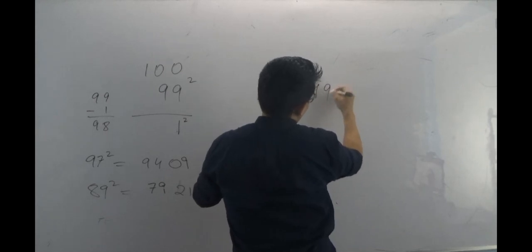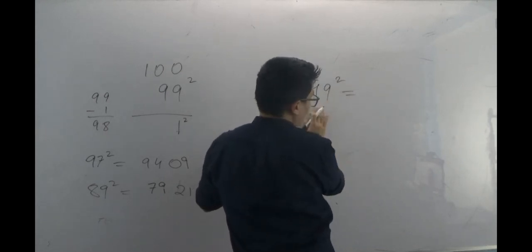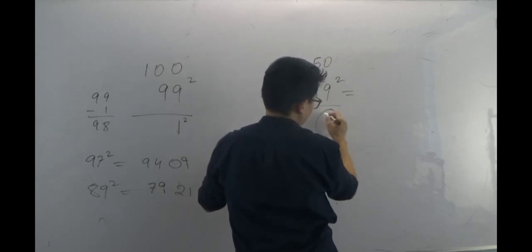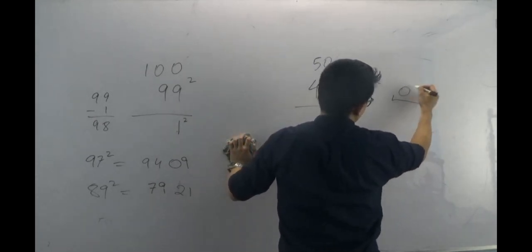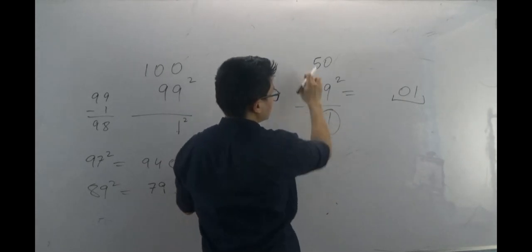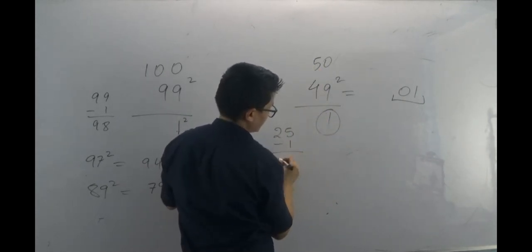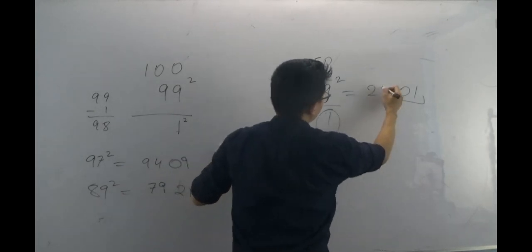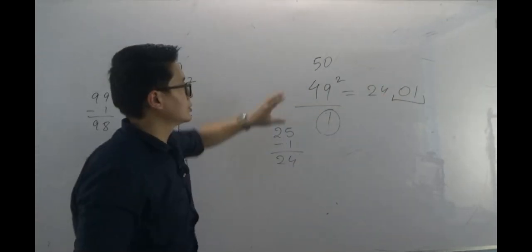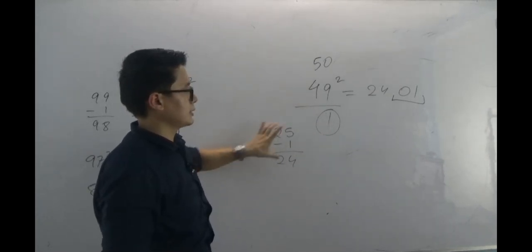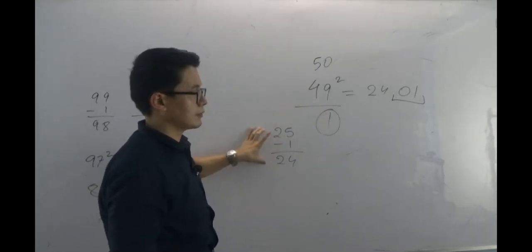Take 49 square. By the way, the difference from 50 is 1. The 1 square is the last part. Instead of subtracting from 49, we have to subtract from 25, I get 24. So if you are taking the square of a number in and around 50, you have to subtract the difference from 25.